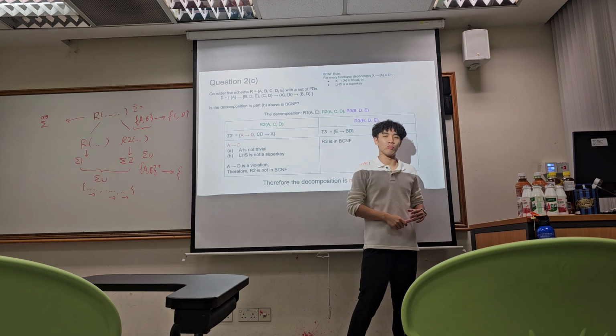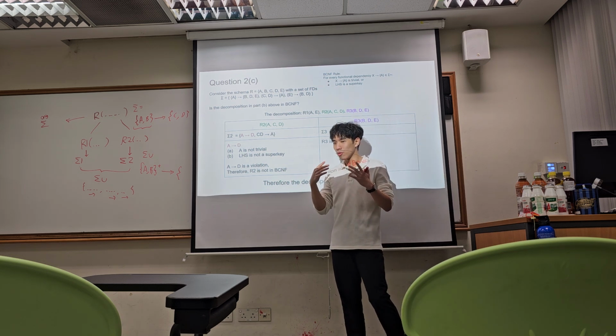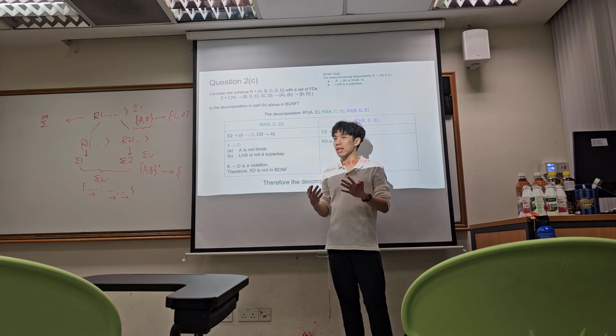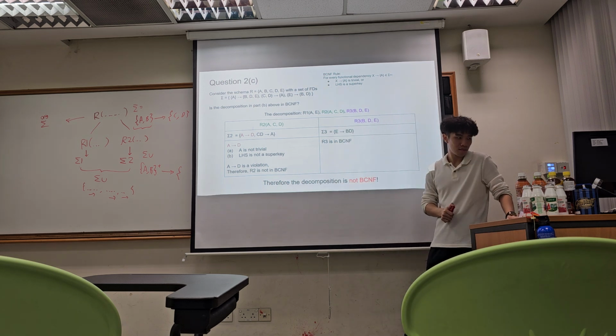But to find a BCNF after decomposition is by further decomposing the violating functional dependency. Got it?